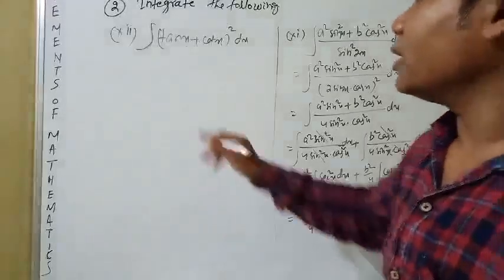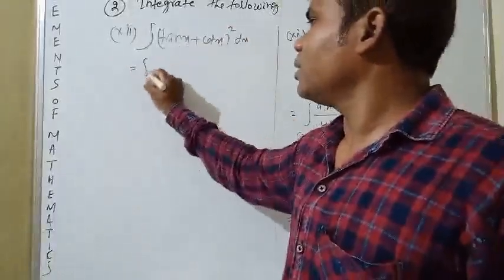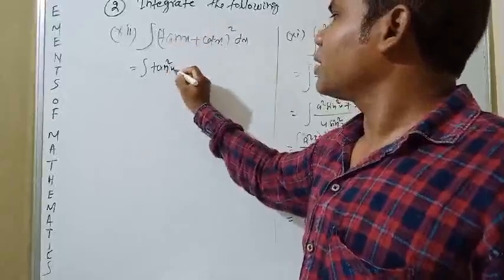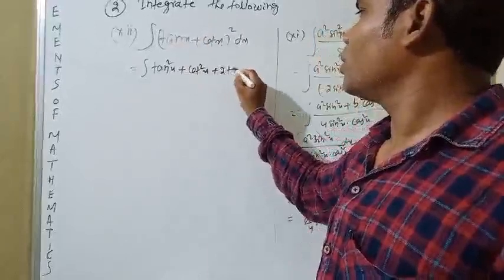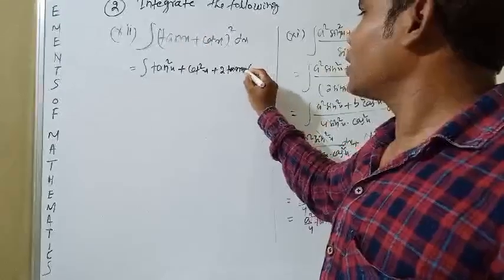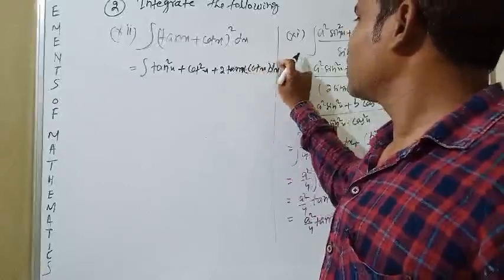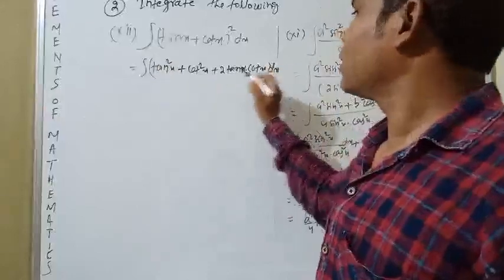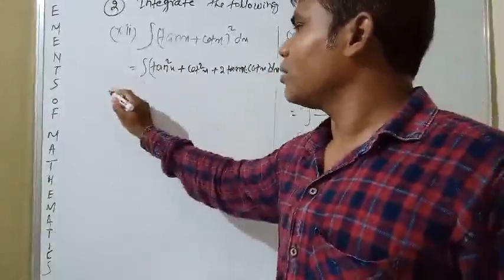You see the next question. Integration of (tan x + cot x) whole square dx. This is (a + b) whole square, that is tan²x + cot²x + 2 tan x cot x dx. Okay, so tan²x is equal to how much?